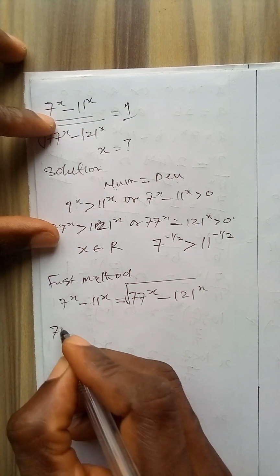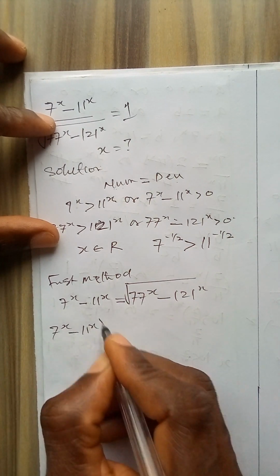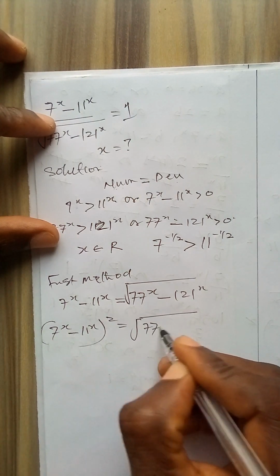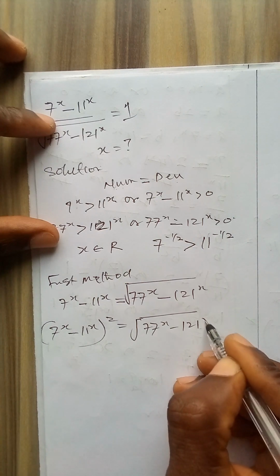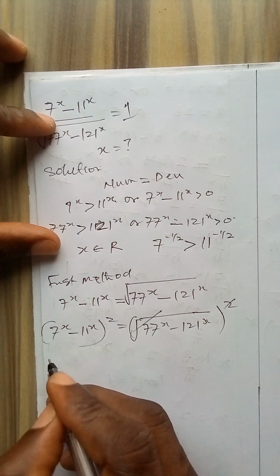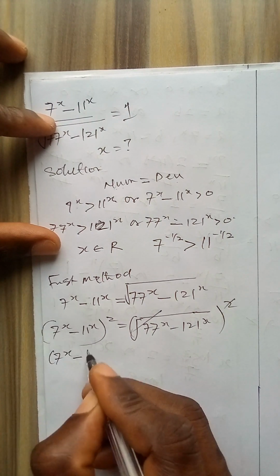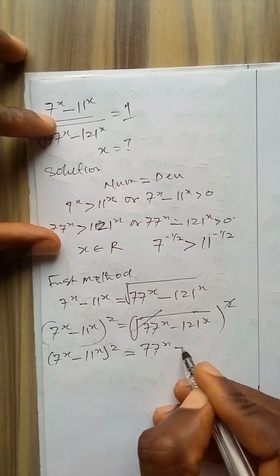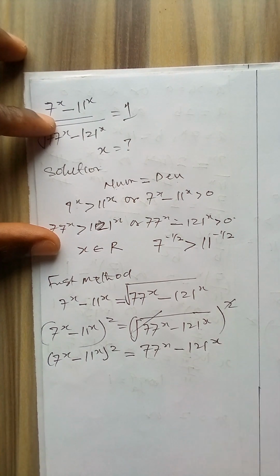If I square both sides, I have (7^x - 11^x)^2 is equal to (77^x - 121^x). The square and the square root cancel out, remaining (7^x - 11^x)^2 is equal to 77^x - 121^x.